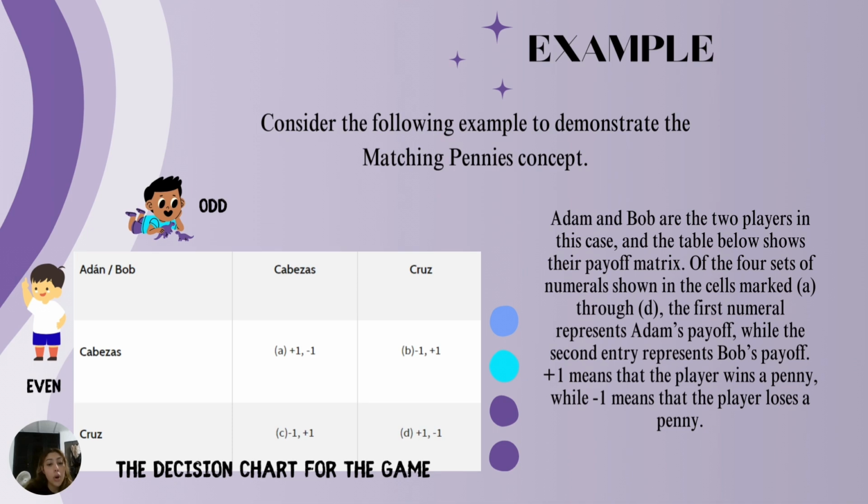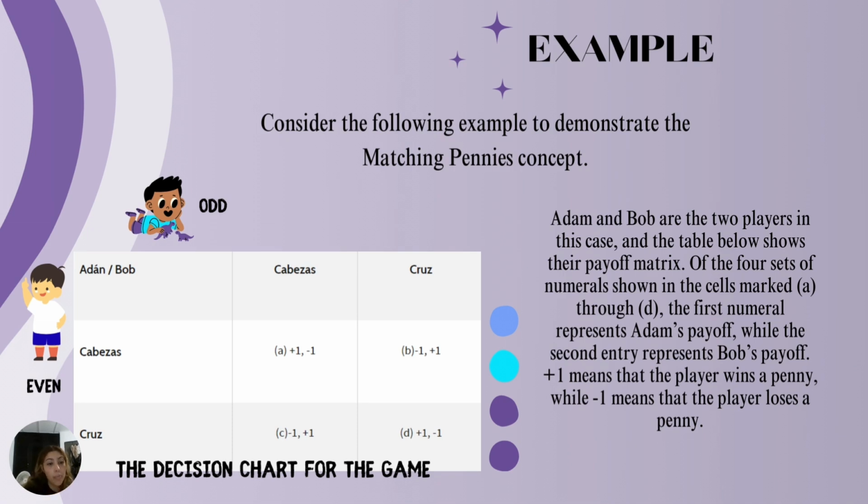So if we go to the cell A, we are adding heads plus heads. In this case, the winner is Adam. Why? Because when you have heads plus heads, this is an even, and Adam has the even, so Adam wins the pennies in this case.